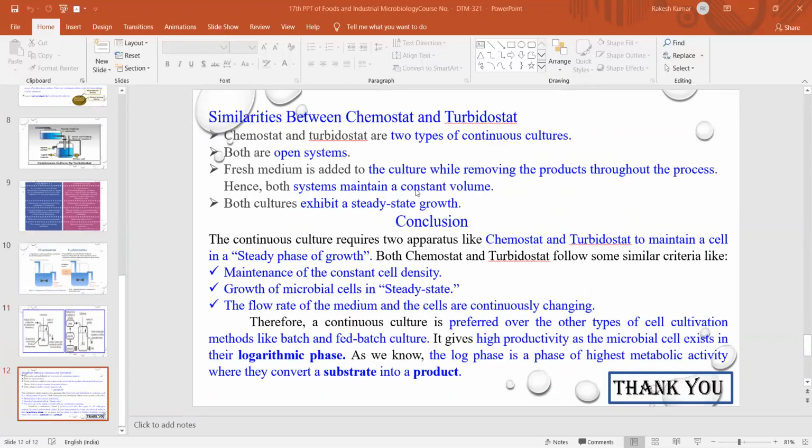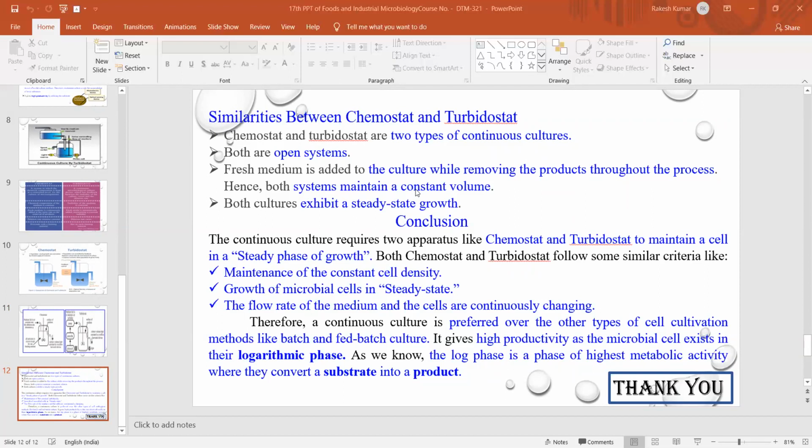Now something about the similarity between these two methods. These two methods are continuous methods of culturing, and both are open systems, and in this, fresh medium is added to the culture while removing the product throughout the process, and hence both systems maintain a constant volume.